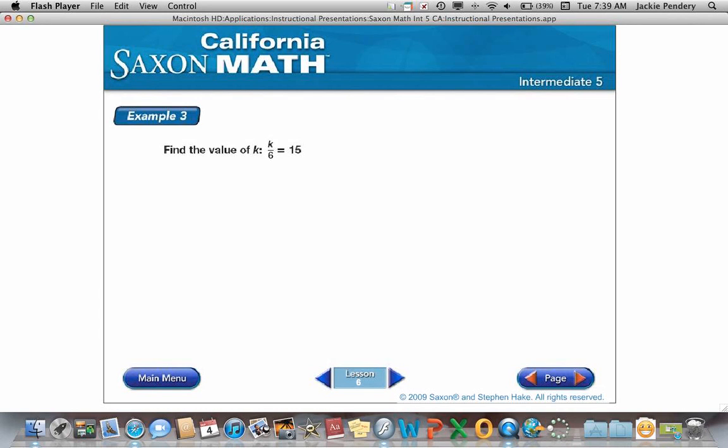Find the value of K. K over 6 equals 15. Okay, so another way, K over 6, this line right here, while it looks like a fraction line, is also another way to say divided by.